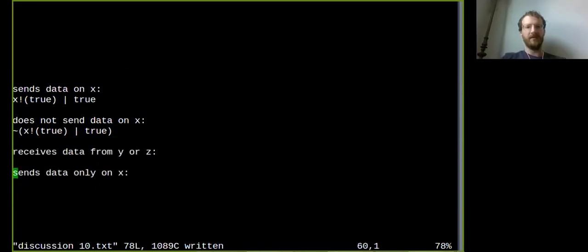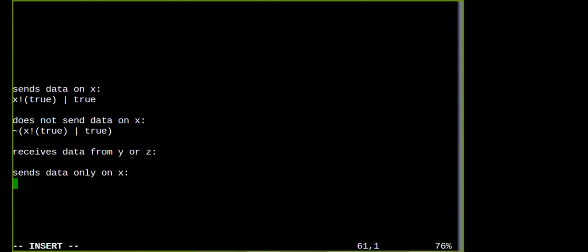Okay, and then maybe we'll just not do receives data from X or Y. But let's try one: sends data only on X. How would we do that? Just X being true.